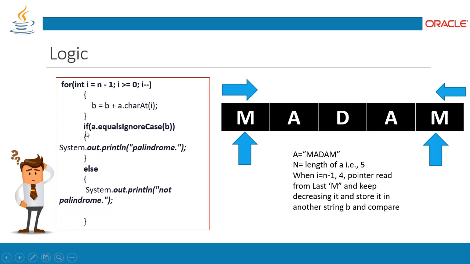And in the end, A equalsIgnoreCase B, since we are not making it case sensitive, we compare it and see if it is a palindrome or not. Now let's take a look at the demonstration.